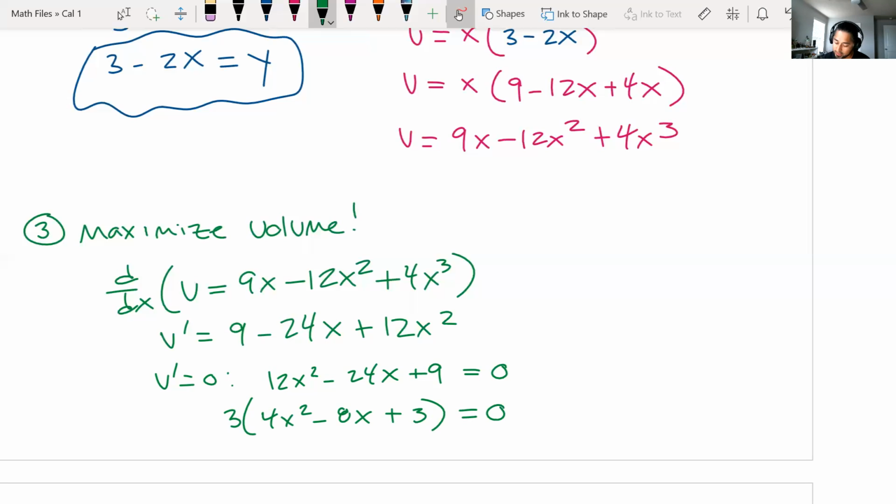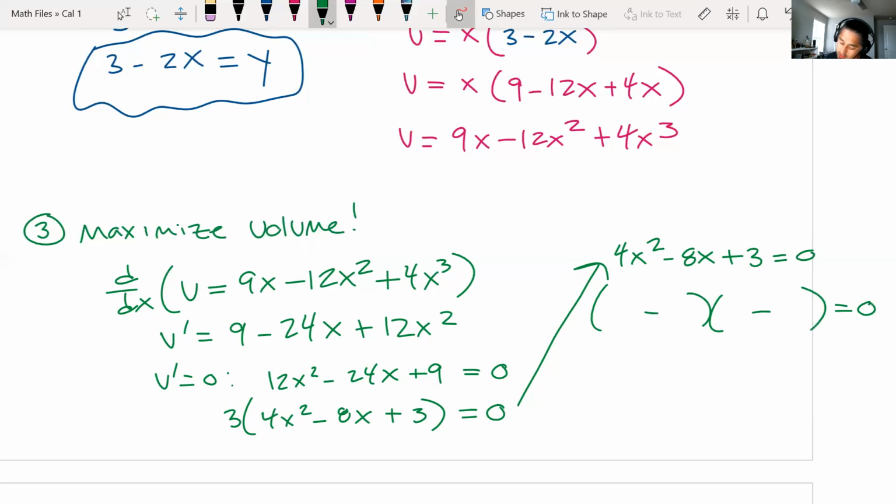And now we can get rid of that 3. So all we have to do is factor 4x squared minus 8x plus 3 equal to 0. This shouldn't be too bad. Minus plus, so we'll have minus, minus.